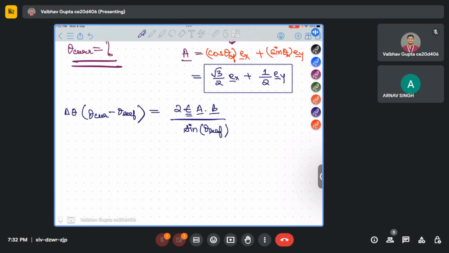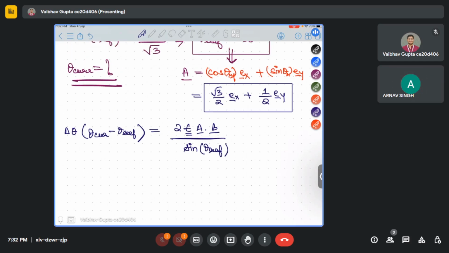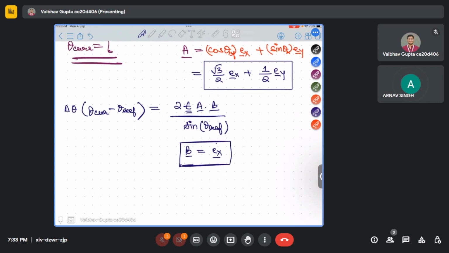This we have studied in second or third week, I suppose. So now you know the epsilon matrix, you know A direction, you know B. You have to find the angle with respect to Ex direction. So B is given to you. In the assignment question also B is Ex only.